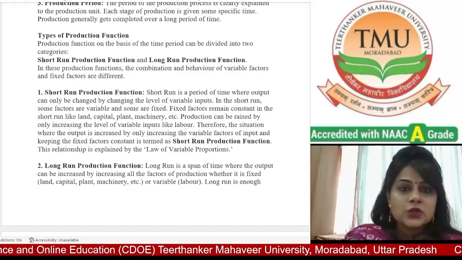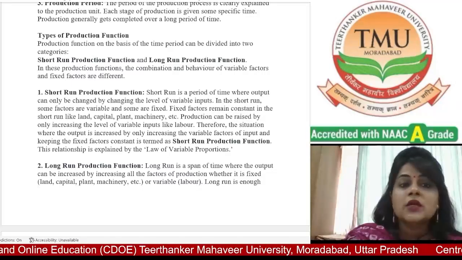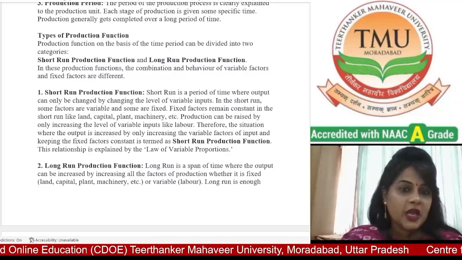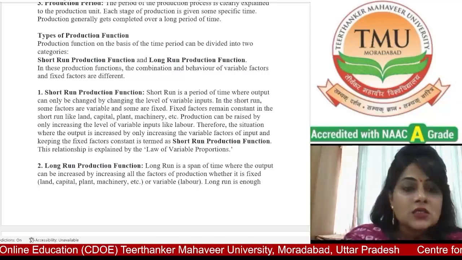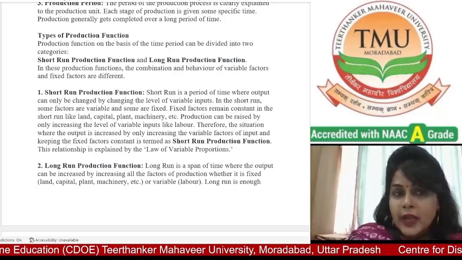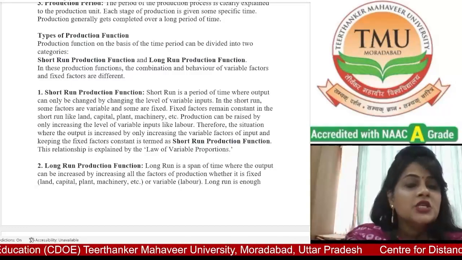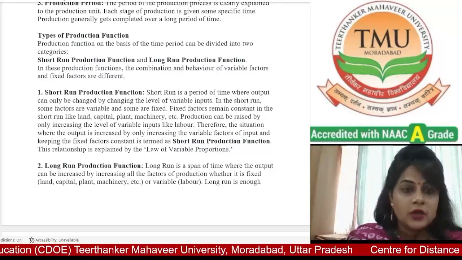Short run refers to a time period in which a firm doesn't have sufficient time to increase the scale of output. For example, the quantity of land, machinery, etc., cannot be changed during the short run.